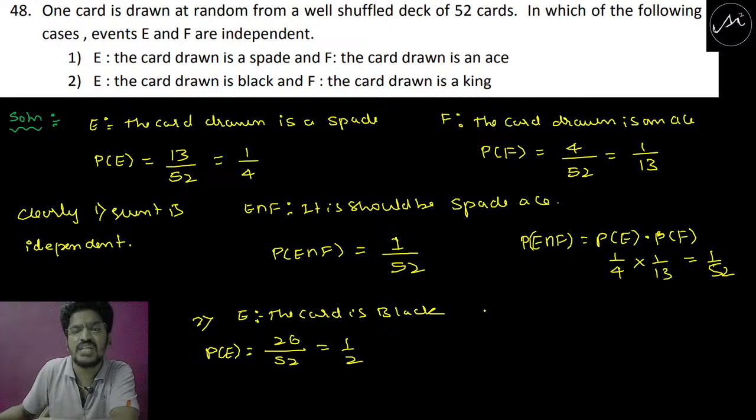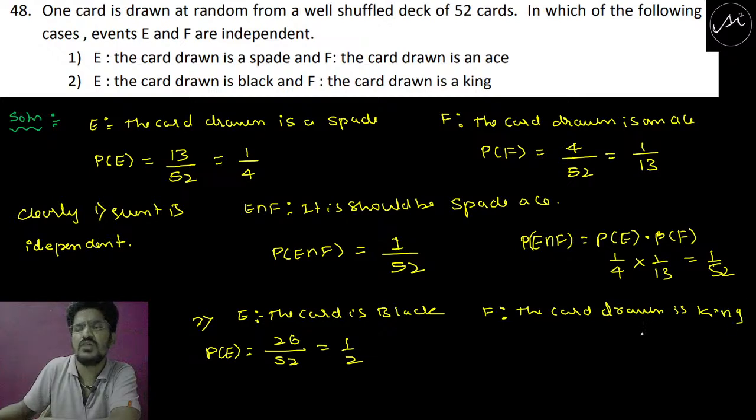In the same way, F is the card drawn is a king. How many kings are present? 4 kings are present. So the probability of F is 4 by 52, that is 1 by 13.